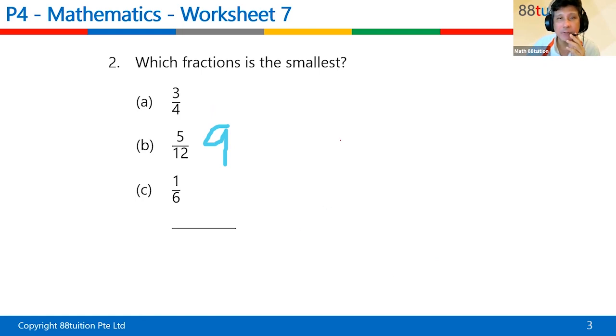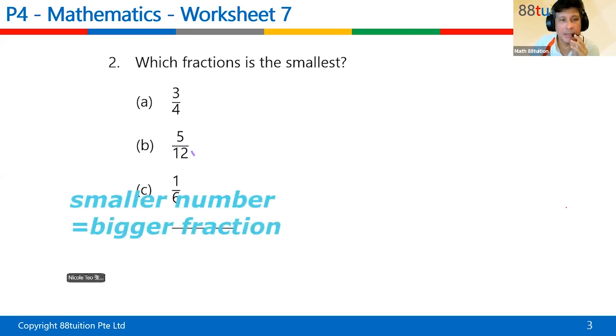All right, so now we move on to the second one. Abir, would you like to take over this one and answer? Let me clean the annotation first. Smaller number, bigger fraction.